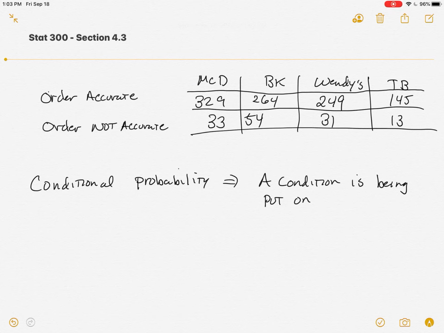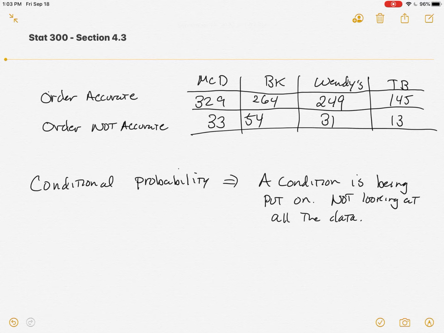And what I mean by that is, because of that, you are not looking at all the data. You know something about it, a condition's been put on it, and so you limit your focus.